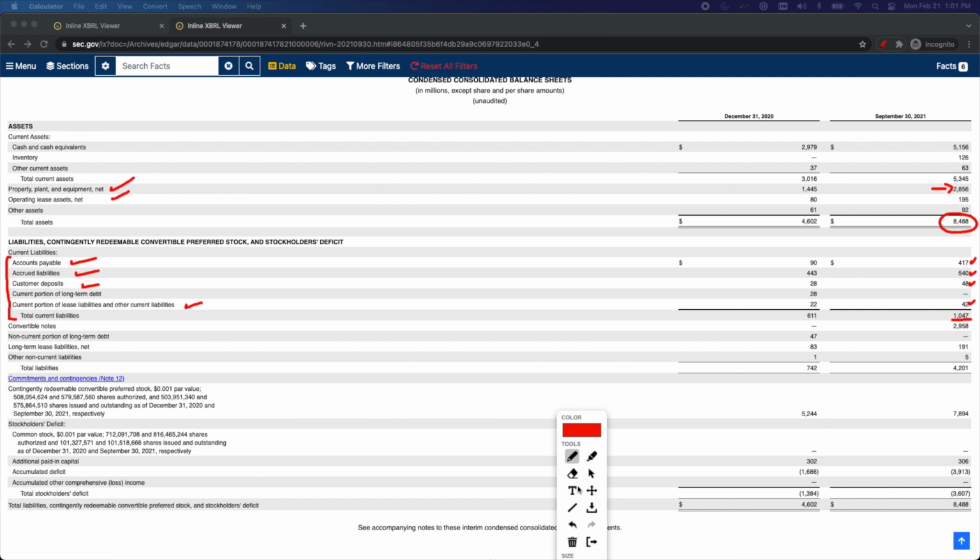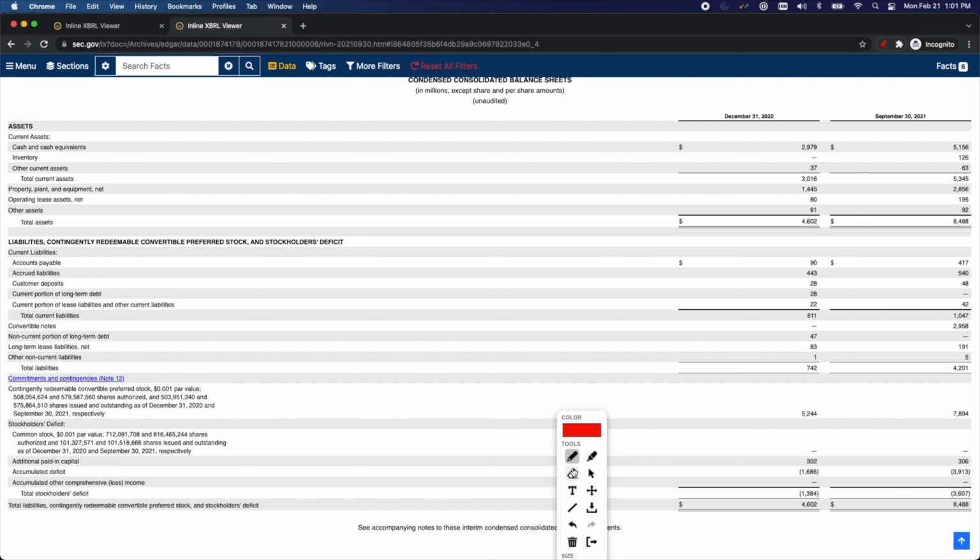Now, if we keep going here, on their long-term debt, this is where it gets interesting. They have some convertible notes, almost $3 billion in convertible notes, and some long-term debt here, actually nothing, and long-term leases.